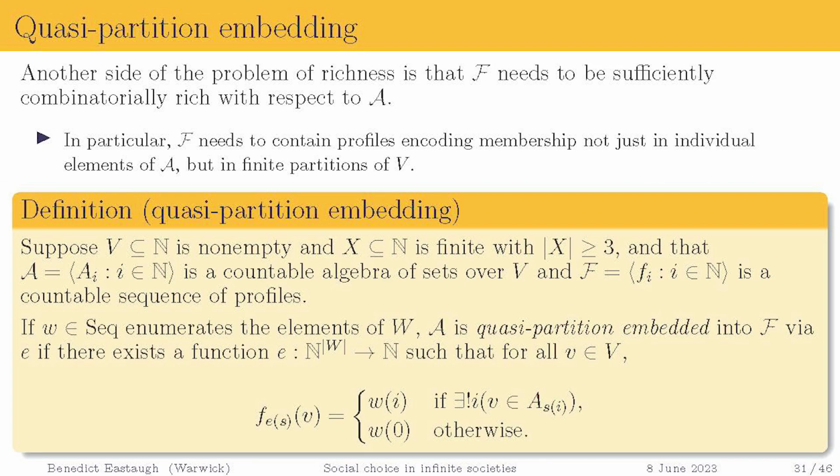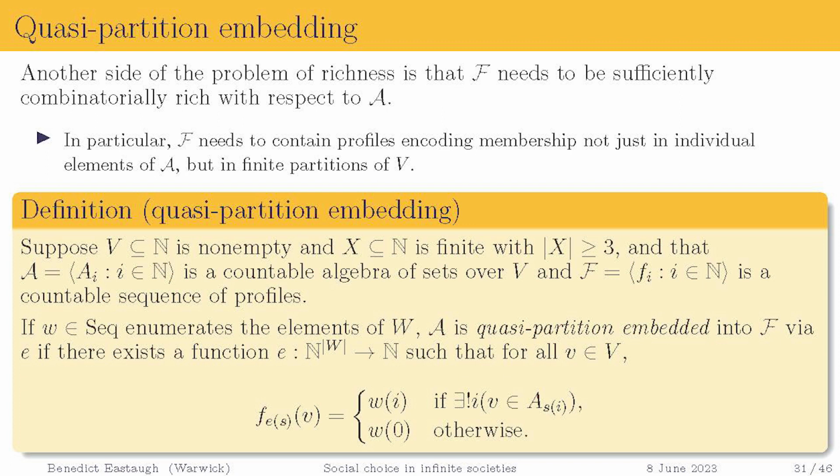Here's the definition. Usually I do this with a board, but imagine that we have this room as the set of voters, and this is going to be coalition 1, coalition 2, coalition 3.